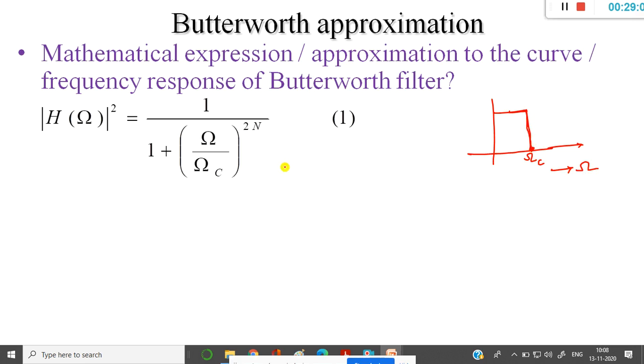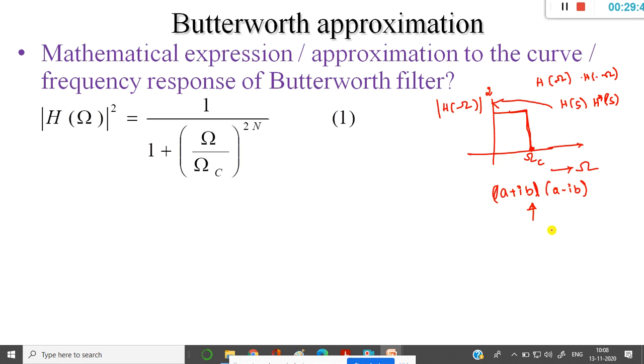So that's where I write the magnitude of h of omega. Why do I take the magnitude? Because it consists of h of s and its conjugate, h of minus s. When I take its magnitude, this comprises a plus ib and a minus ib.